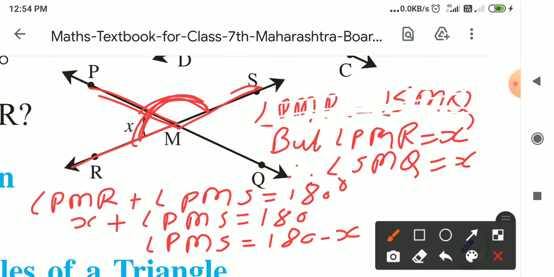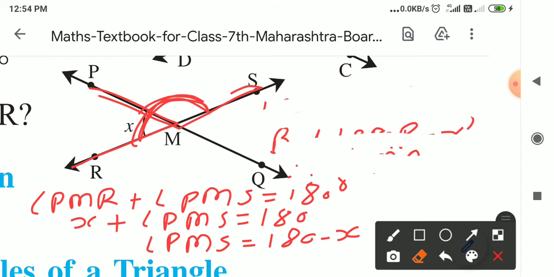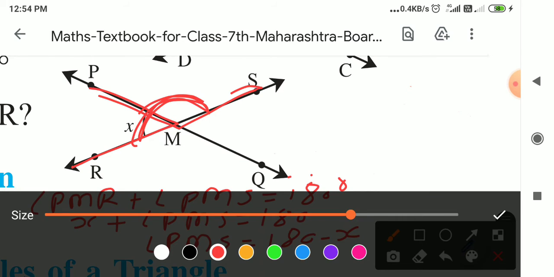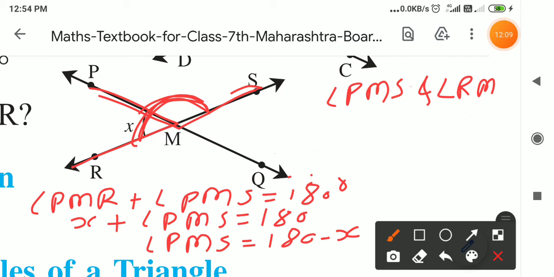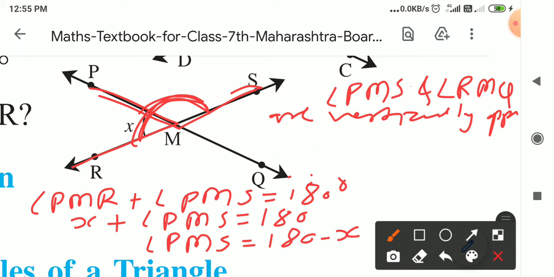The next step of the example: angle PMS and angle RMQ are vertically opposite angles, and as we know the property that vertically opposite angles have the same measure, that's why angle PMS is equal to angle RMQ.